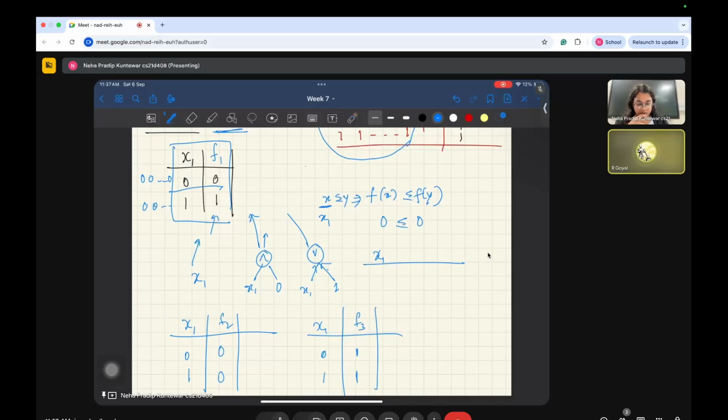Now this is clear. In the first case, F1 is trivial. In the second case, how to implement this F2?